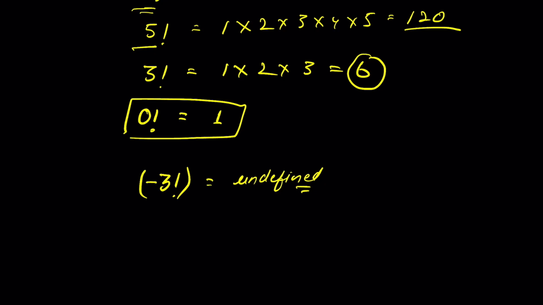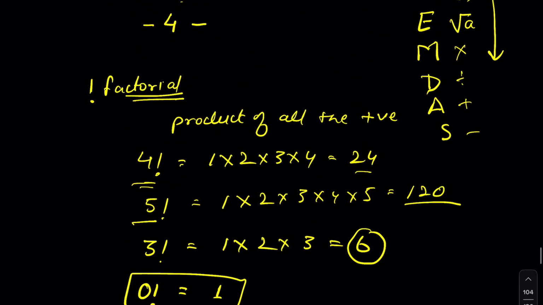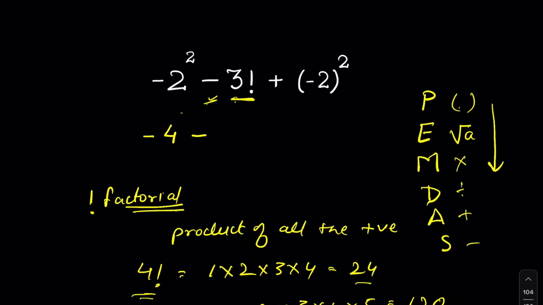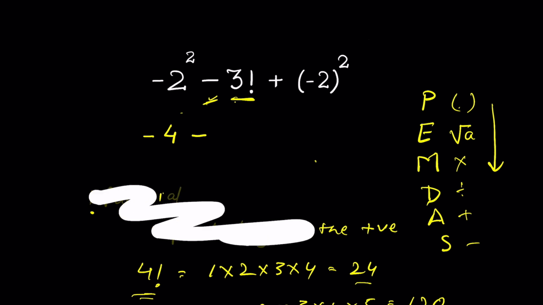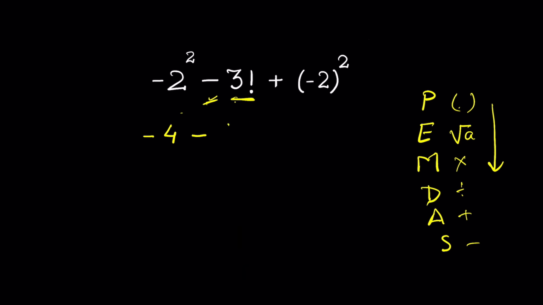So mathematically factorials are undefined for negative integers. But here you can see that the minus is not inside the bracket. So it is not (−3)!, but just a minus outside, then 3 factorial. So here we have to write 6. 3 factorial equals 6.